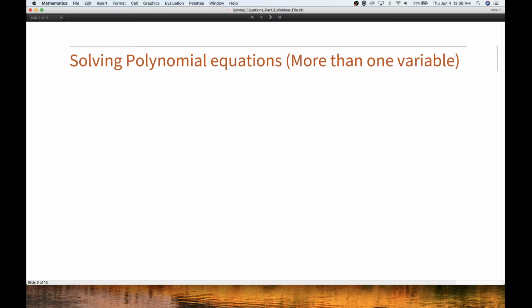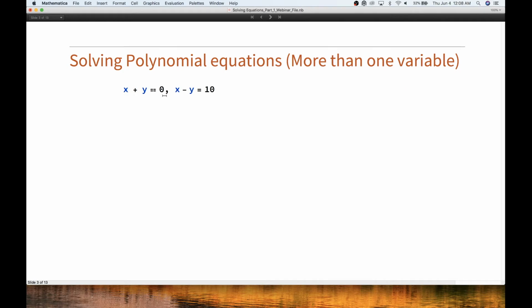So let's move forward and see how you can solve equations which have more than one variable. For example, you have an equation like x plus y equals 0, and then you have an equation like x minus y is equal to 10. These are two equations you want to solve.